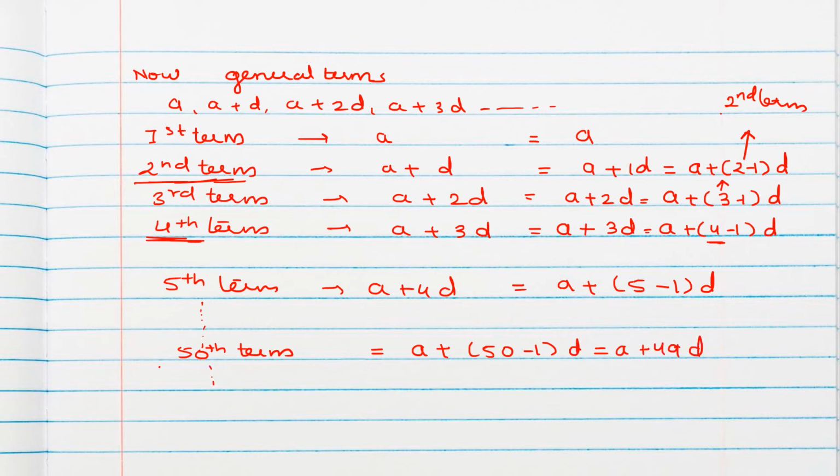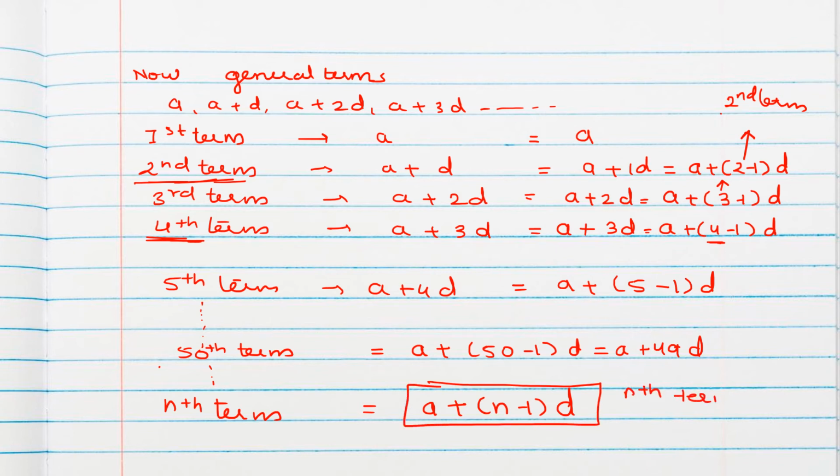And suppose the nth term for any number n, so A plus (n minus 1)D. So this is the nth term of an AP, and we denote this as a_n equals A plus (n minus 1)D.